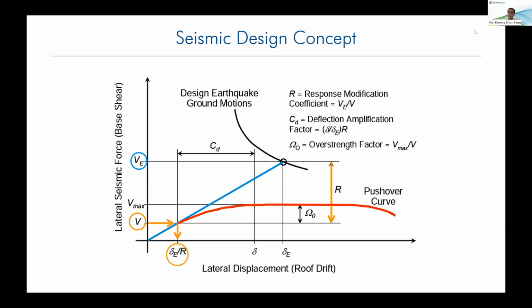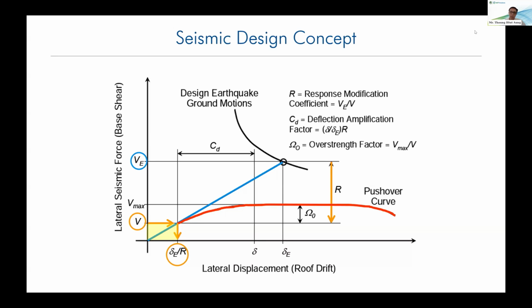But in our analysis, we normally carry out linear static analysis or response spectrum analysis for the base shear divided by R. So our displacement from analysis is the elastic displacement divided by R, which is very small compared to the actual displacement. Our analysis domain is only in the linear range, shown in the yellow region.